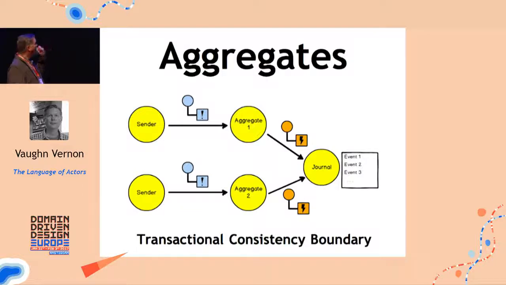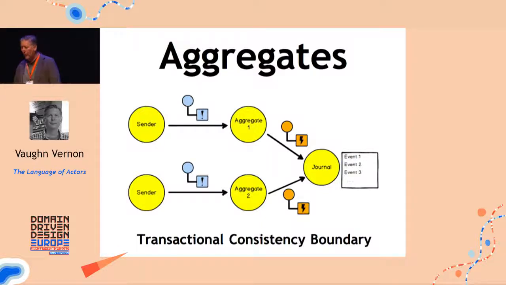But notice when the events are ultimately persisted to a journal, it's not that the actors themselves are involved in persistence. It's actually that the actors are sending or emitting events to a journal that they don't even know about.